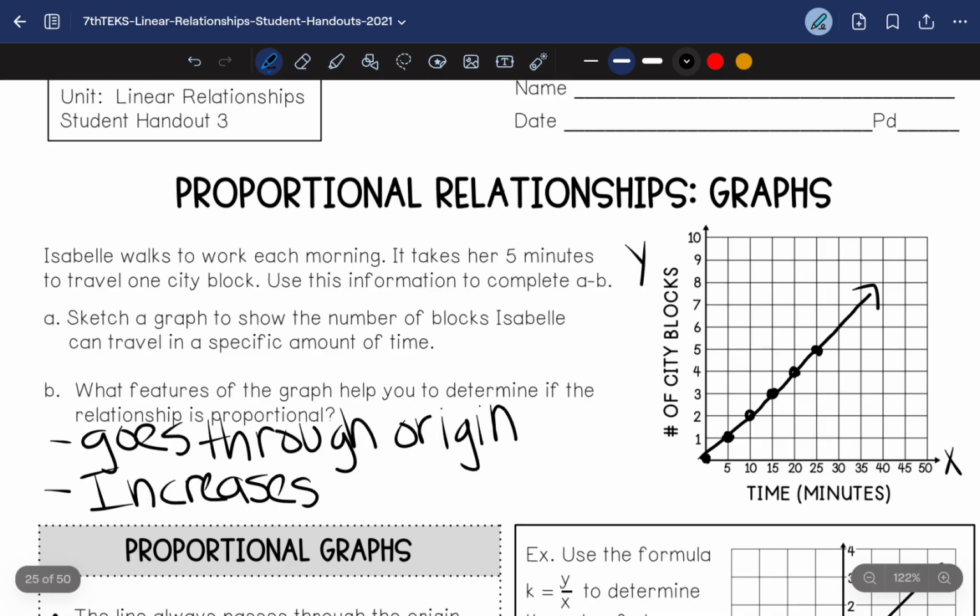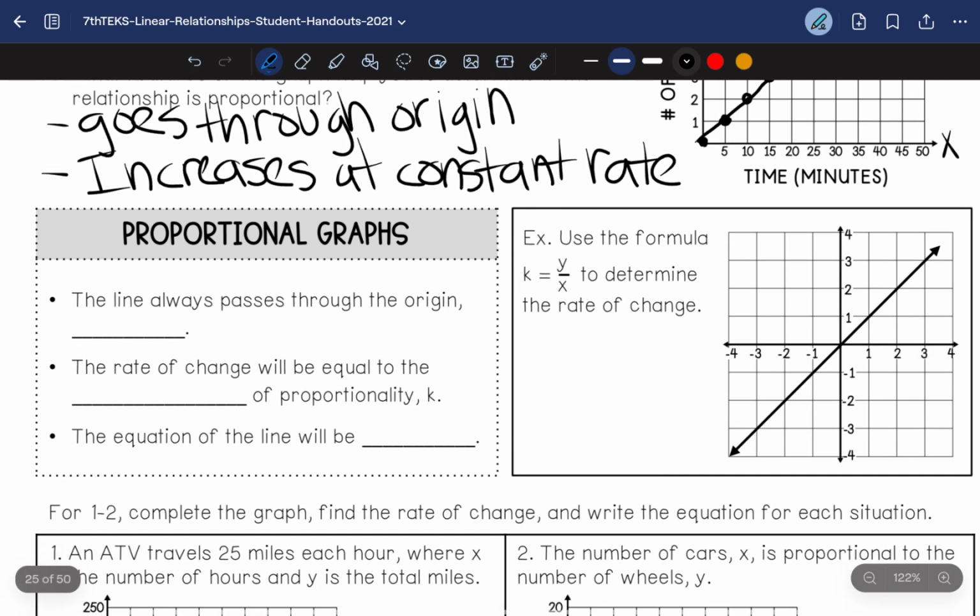All right. So that's basically what we're going to be focusing on today.